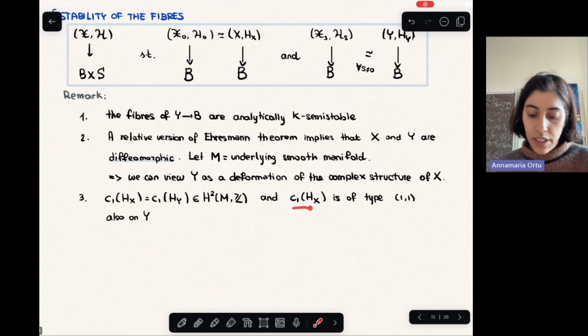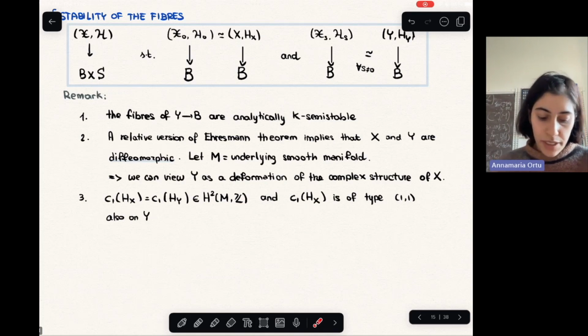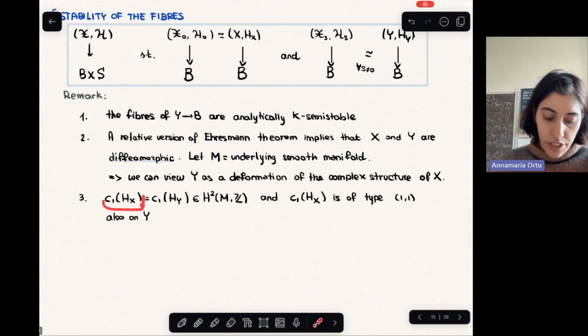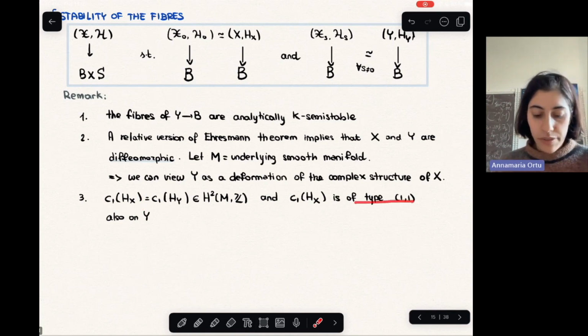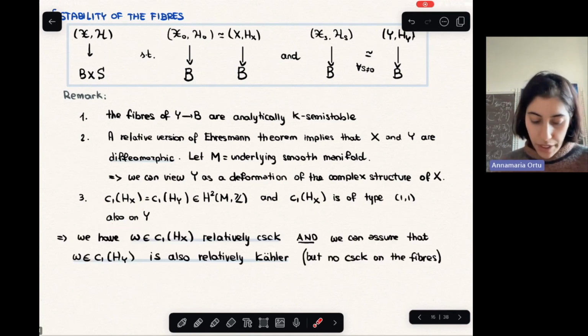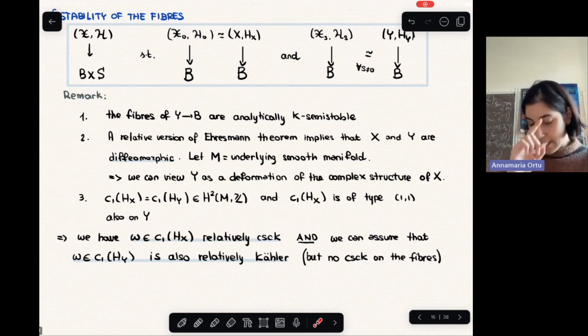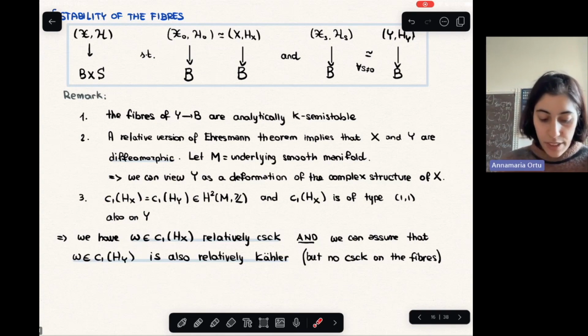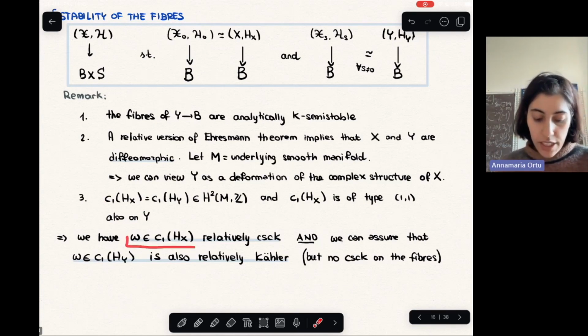So this means that the first Chern class of Hx is also of the right type on Y. And so what this gives us is that we have this metric that we constructed before that is relatively cscK, so it has constant scalar curvature when restricted to each fiber, and it belongs to the first Chern class of Hx.